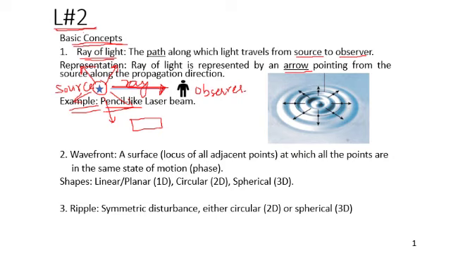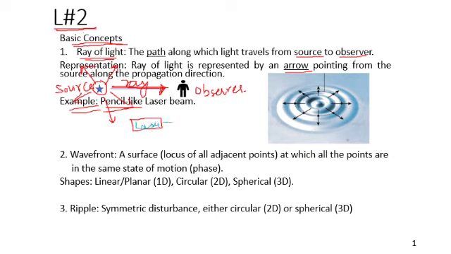Suppose this is that laser, and this is producing a narrow sharp beam. Suppose this is some blue color laser. That beam of laser is represented over here by an arrow, and this ray is called the ray of light, laser light.